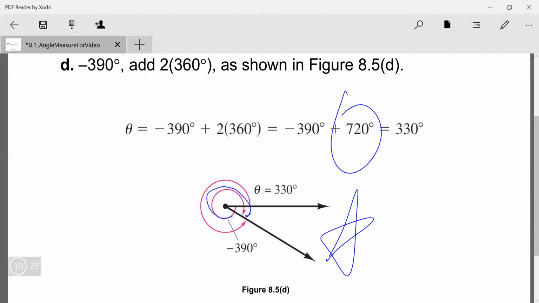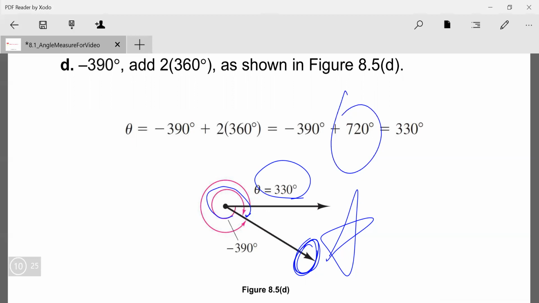And this terminal side is the same as the terminal side of positive 330. So they are coterminal angles. Okay, so that's about those.